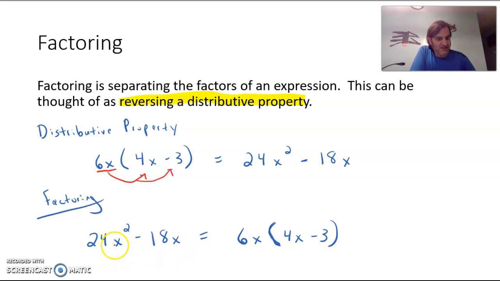That means there's something in both these terms, the 24x squared and the 18x, that they're both divisible by. And that would be the 6x. So we could kind of pull that out and divide the rest of the terms by the 6x and get back through the distributive property. Okay. So let's do a couple quick examples there, and then we'll look at some variations in other videos.